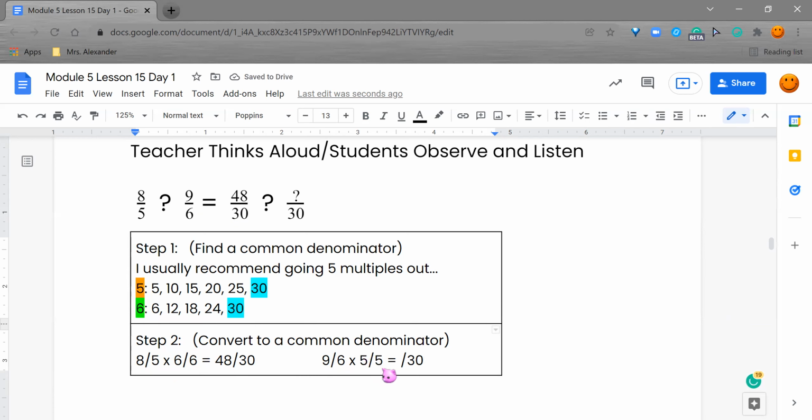Another thing I like to say is, when I do the bottom, I do the top. So now we do 9 times 5, which is, yes, 45. Now I come right up here and write 45, and which is bigger, 48 or 45, you guys? Yes, 48. That means 8/5 is bigger than 9/6.